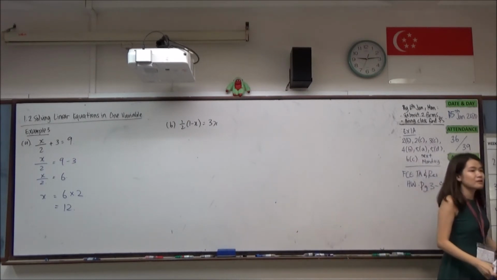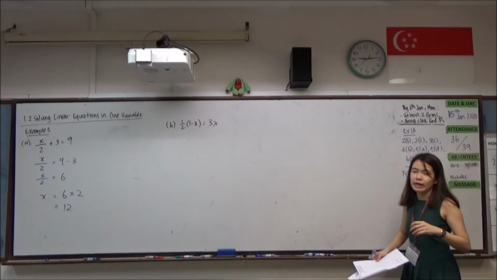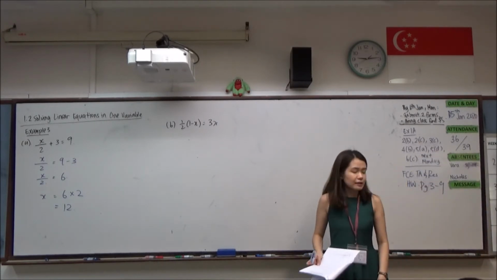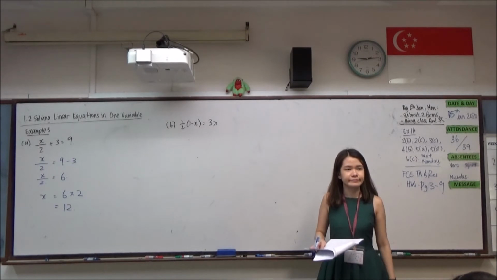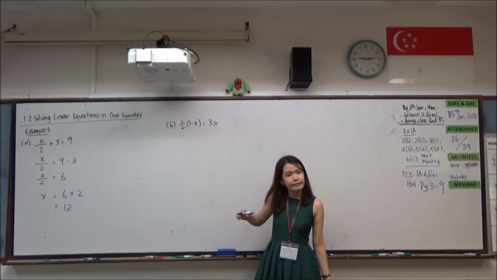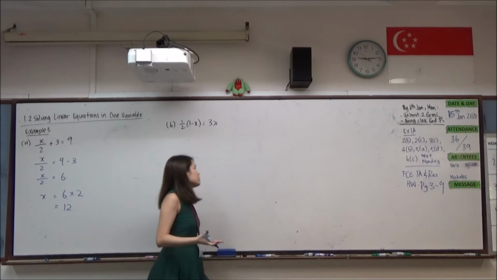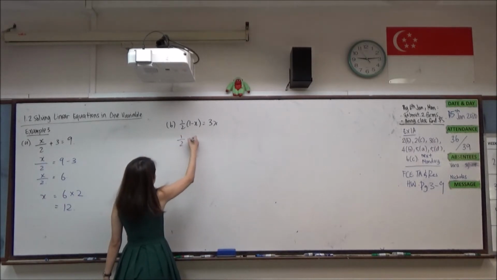Can someone recommend one of the ways that you're thinking first? What do you think you would have done? Liana, what do you think you would have done? Okay, very good. So you want to open up the brackets and do expansion first. Sure, you'll do that approach.